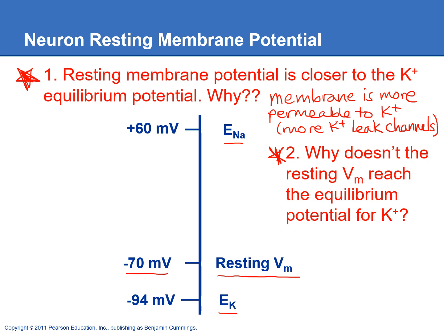Okay, so the answer to that is because we do have some sodium leaking into the cell. And if you have some sodium coming in to the cell, bringing its positive charge, that's going to make it more positive. And so it's not going to get as negative all the way down to minus 94 millivolts.